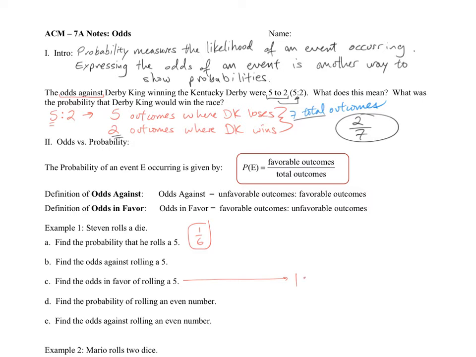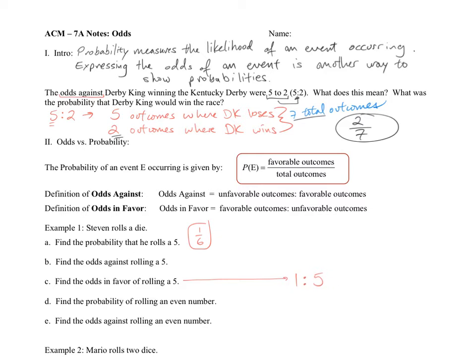The other number here would basically ask, how many other numbers could you possibly roll? How many different ways could you get a number that isn't 5? Well, you can get 1, 2, 3, 4, and 6. So those are 5 outcomes that are not 5s. So here is what the odds look like in favor of rolling a 5.